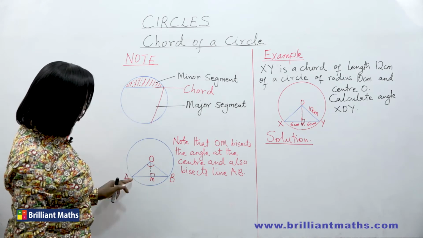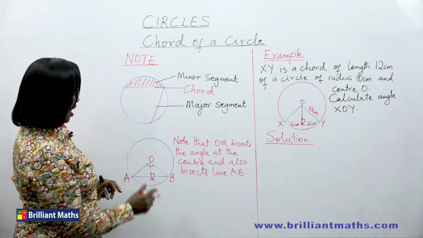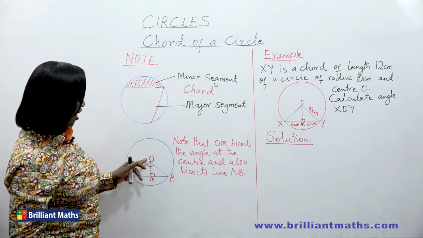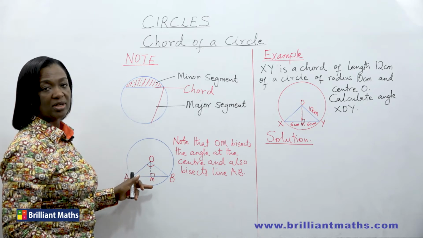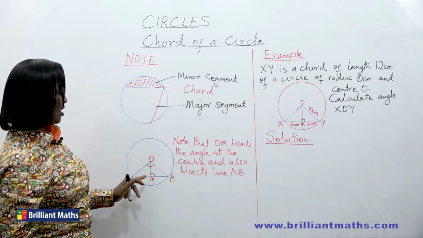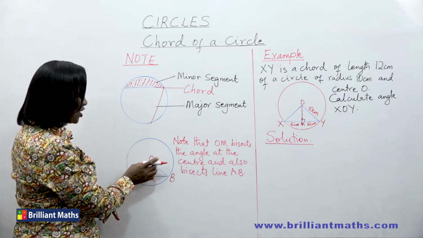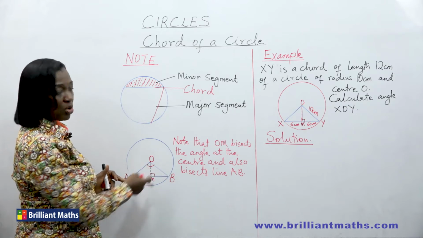So if you have a chord, like we have chord AB here, and O is the center of this circle. So you have a line from the center to the chord. That line is a perpendicular bisector. That line bisects the angle at the center, the angle at O, and also bisects the chord.